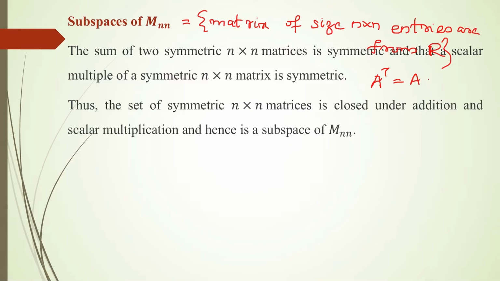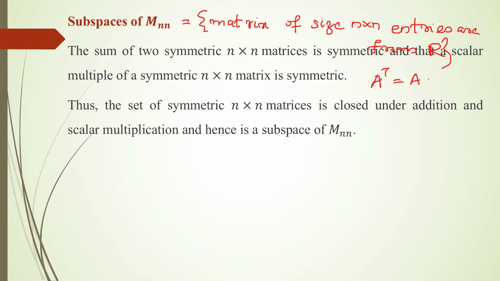The sum of two symmetric n by n matrices is a symmetric matrix, and any scalar multiple of a symmetric n by n matrix is also symmetric. Thus, the set of all symmetric n by n matrices is closed under addition and scalar multiplication, and hence it is a subspace of Mnn.